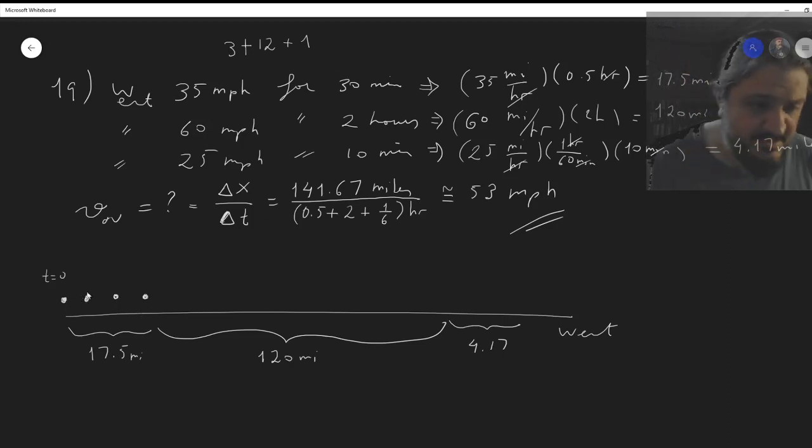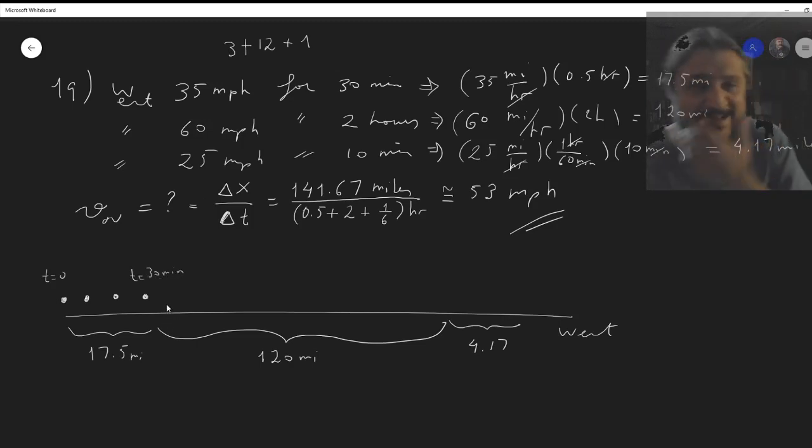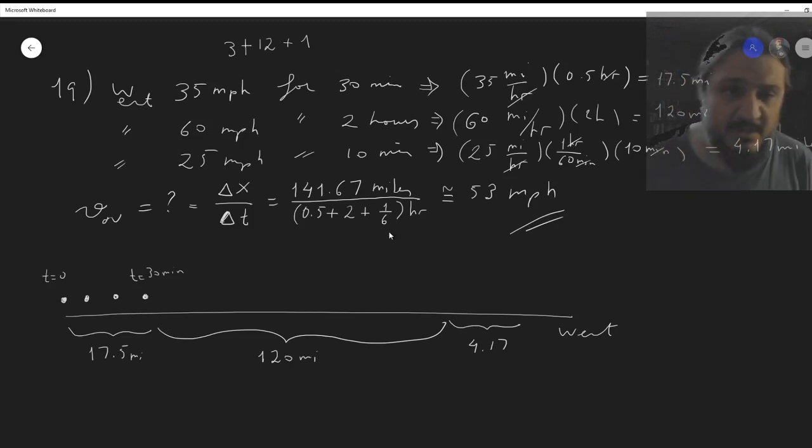And these are all equally spaced, okay? All equally spaced. So now t is 30 minutes. And then I have, for 2 hours, I'm going to almost double the speed. So I need larger intervals.